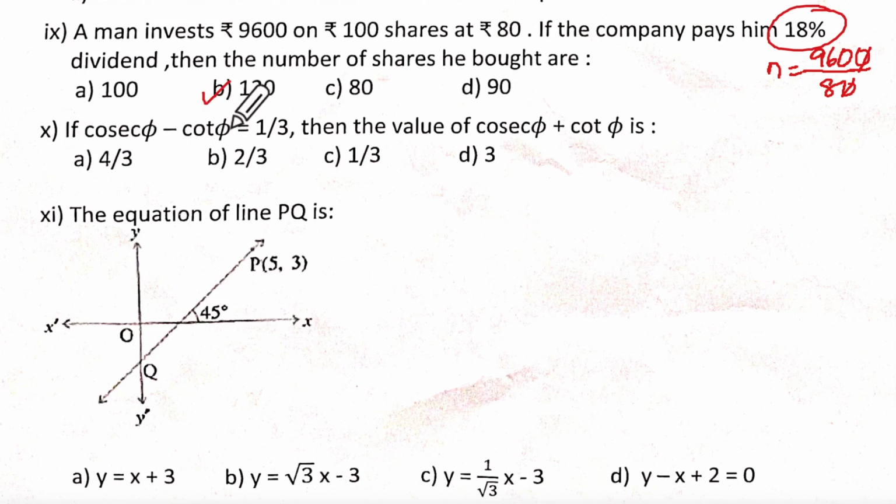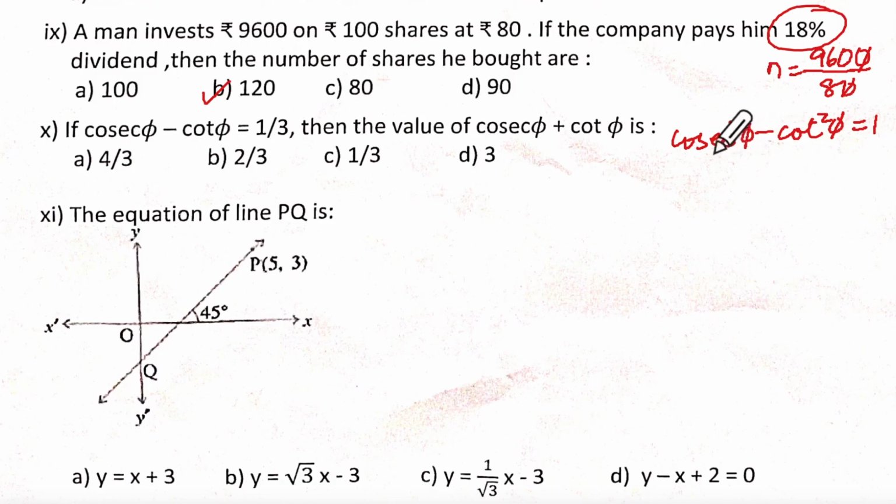Okay, let us come to the 10th one. Cosec phi minus cot phi is equal to 1 upon 3. Then the value of cosec phi plus cot phi. Cosec square phi minus cot square phi is equal to 1 from the identity.